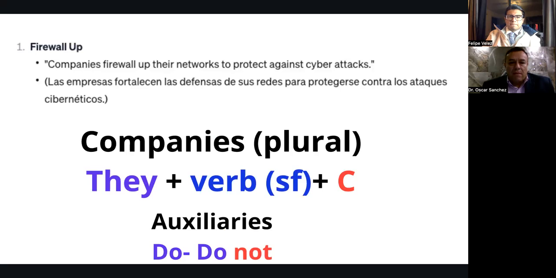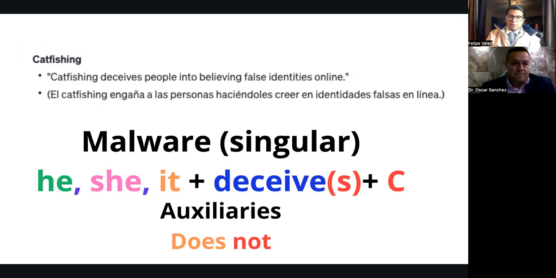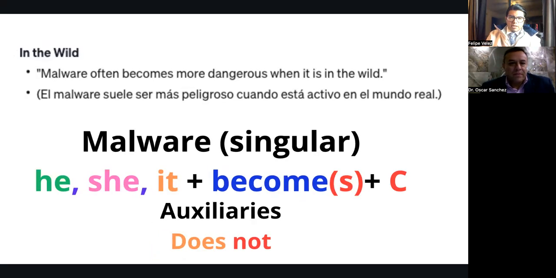Again. Companies firewall up their networks to protect against cyber attacks. Beautiful. Continue. Malware often becomes more dangerous when it is in the wild. Beautiful. Next. Catfishing deceives people into believing false identities online. Perfect. Again. Companies firewall up their networks to protect against cyber attacks. Beautiful. Next.